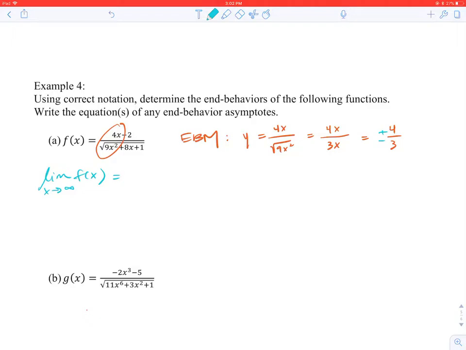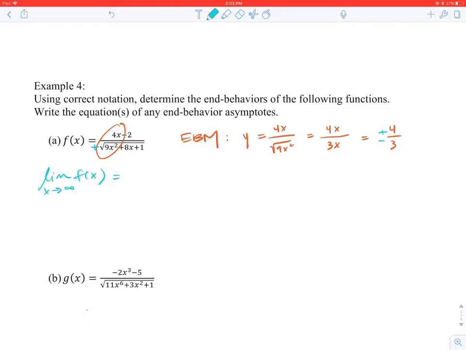So I go back to the function f, and I see that because of the square root in the denominator, regardless of what values of x you're substituting in, it will always be positive as long as there's real outputs. However, the numerator, because it's a polynomial, could be positive or negative. So I go back here and I go, okay, well, as x approaches infinity, that 4x will stay positive, and the denominator will also stay positive.